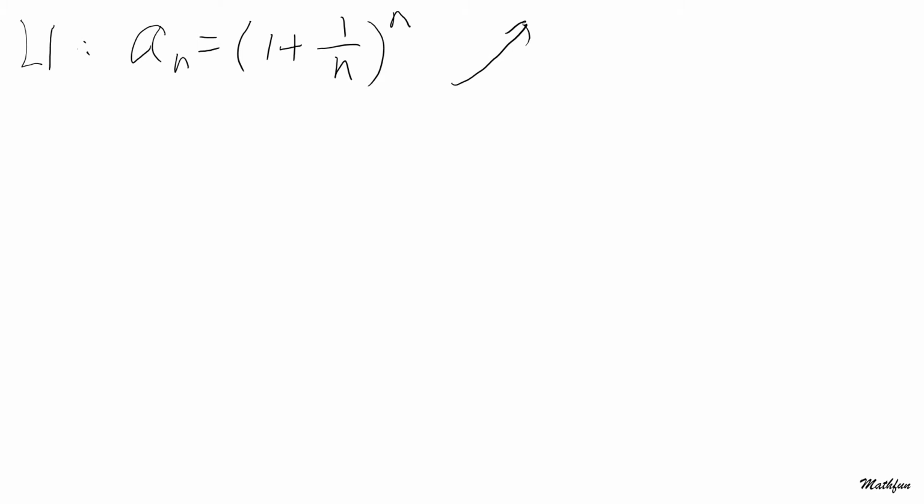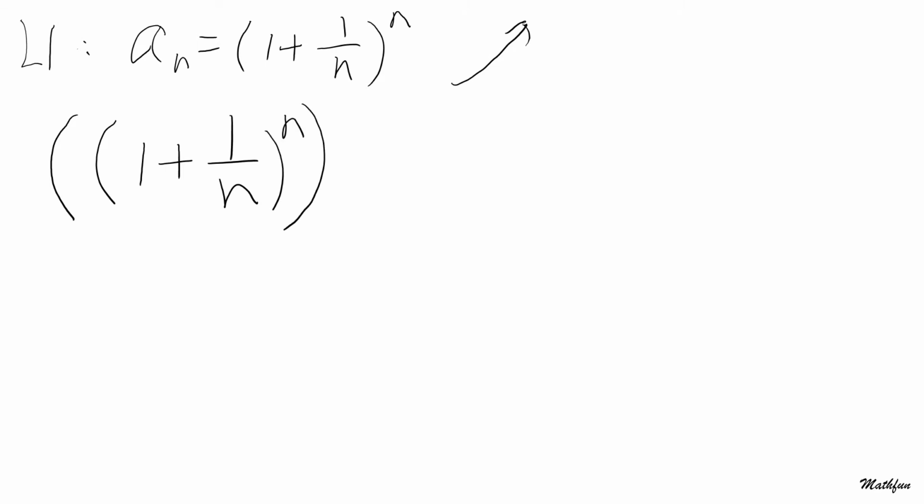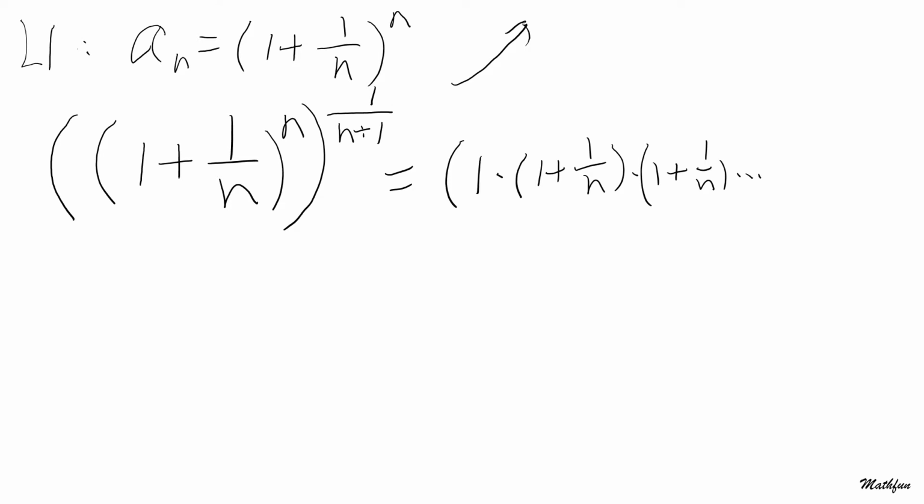And how do we do that? Well, it's not quite difficult, so we're going to do it this way. We're going to have 1 plus the reciprocal of n, to the power of n, and we're going to take the n plus 1 root. Okay, and this is equal to 1 times 1 plus the reciprocal of n, times 1 plus the reciprocal of n, and how many totally? n totally.